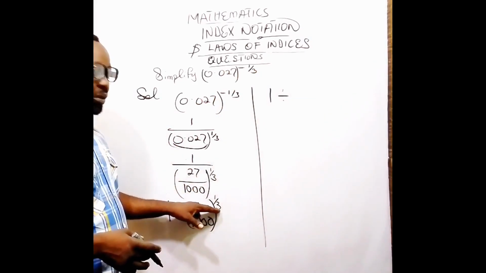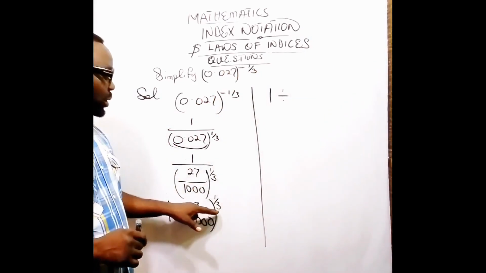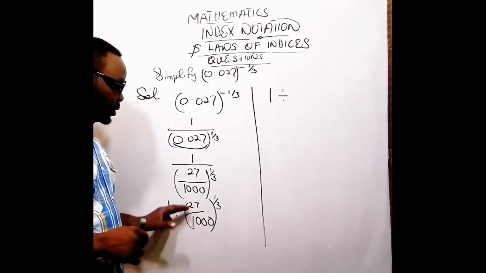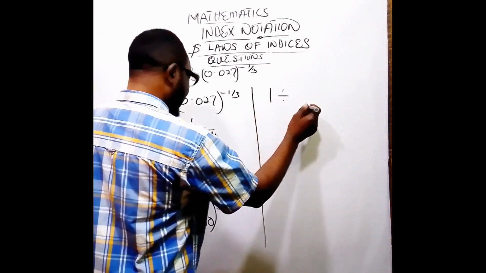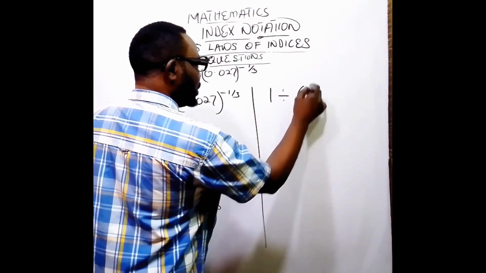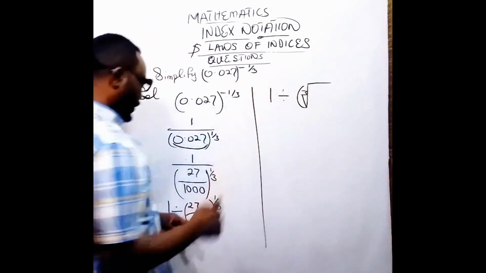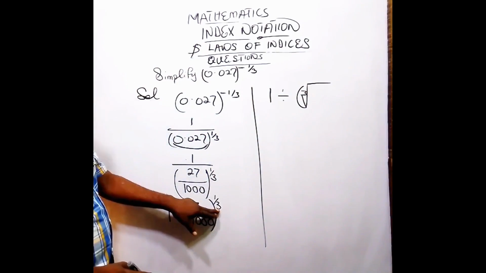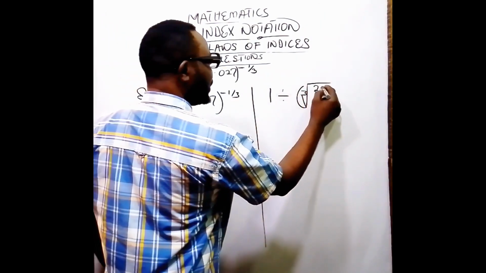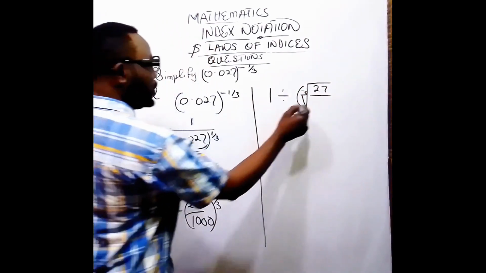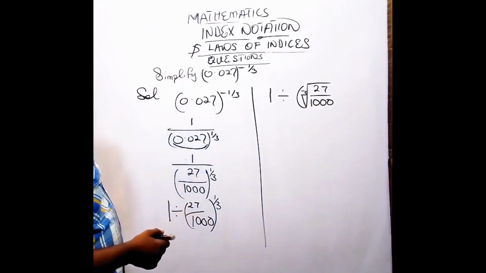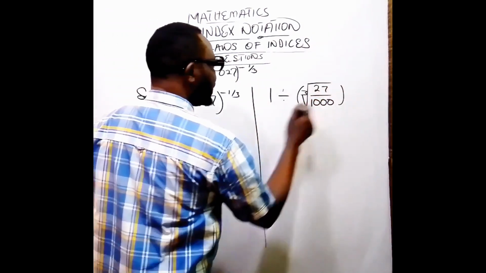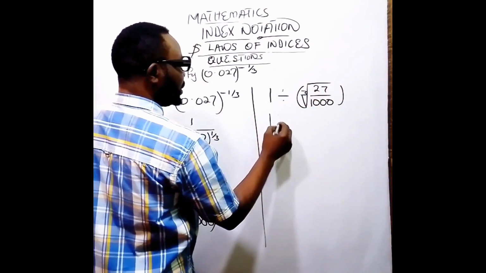This particular 3 that is at the denominator will serve as the root of this fraction. So we are going to have 1 divided by the cube root of, in brackets, 27 over 1000.